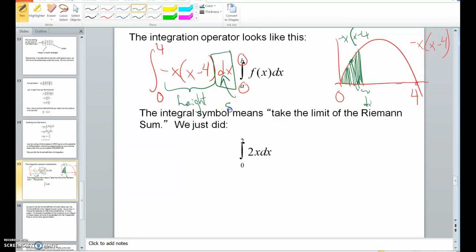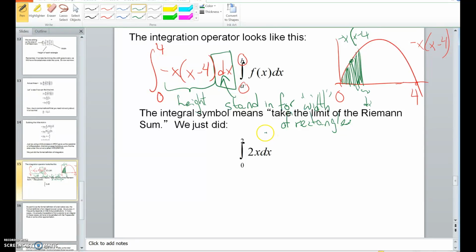So this is just like a stand-in for the "width," and I'm putting width in quotes here, because once we take the limit and have an infinite number of rectangles under here, the rectangles don't have width anymore. But the point is, the dx, you won't be multiplying anything by it. It doesn't stand for anything that you need to deal with. It just appears in any integration problem.